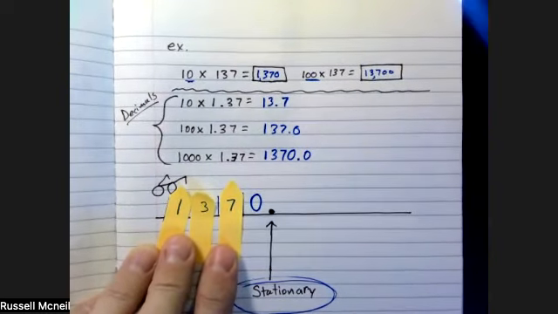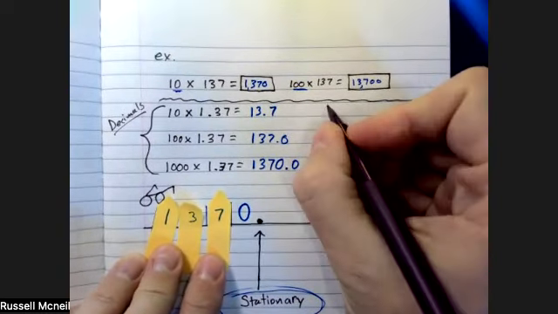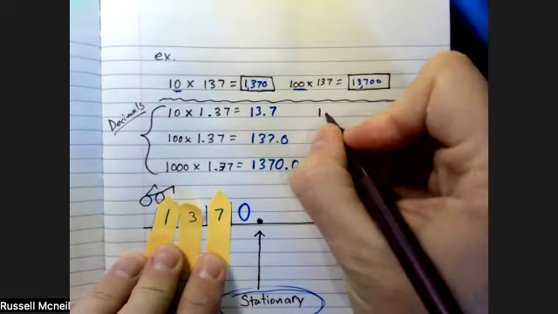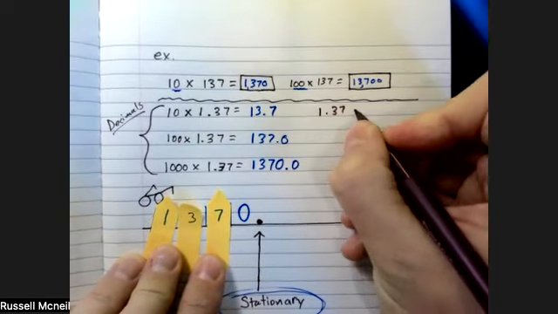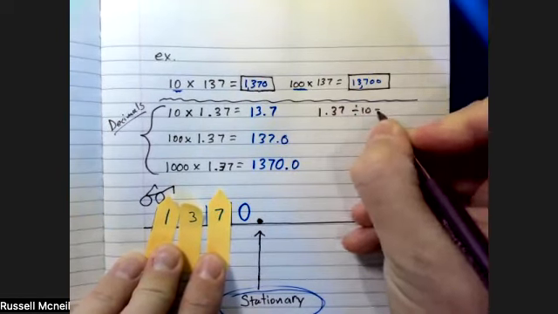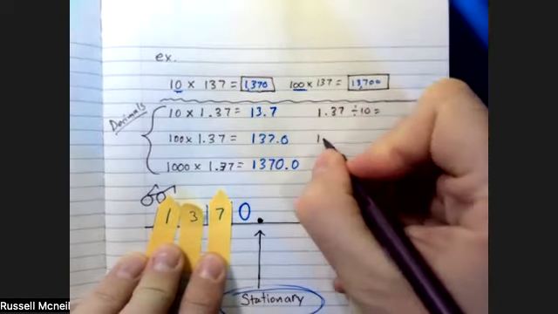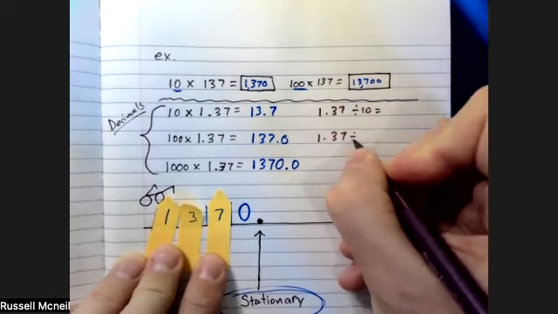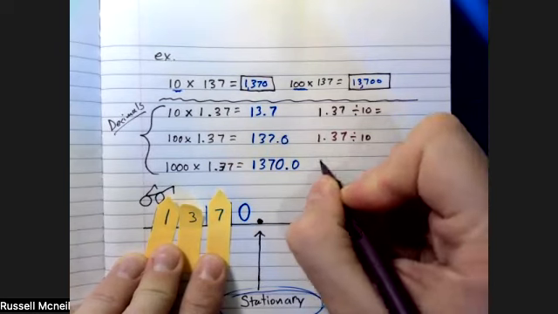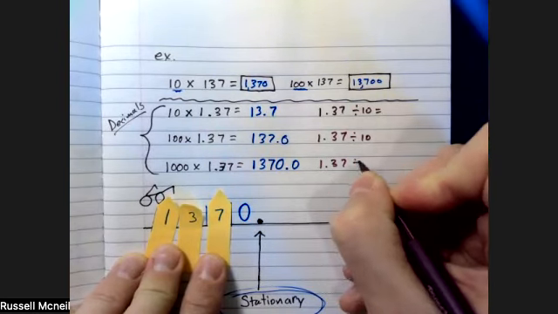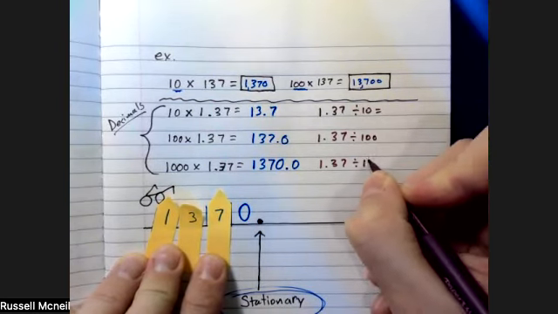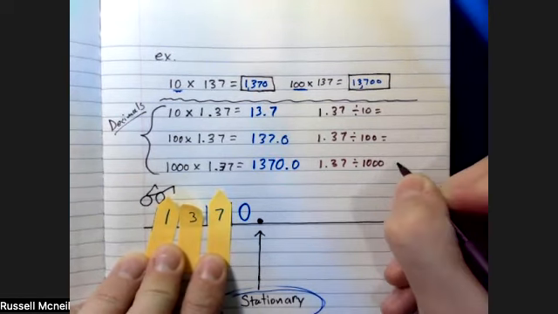So let's flip it. Let's start with 1.37 divided by 10. 1.37 divided by 100. 1.37 divided by 1,000.